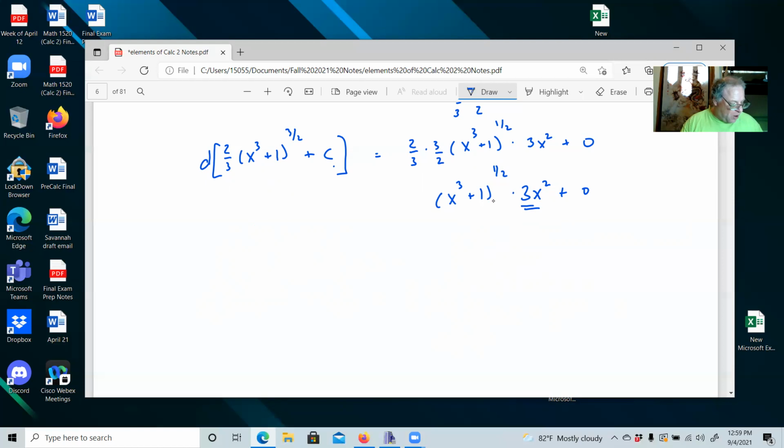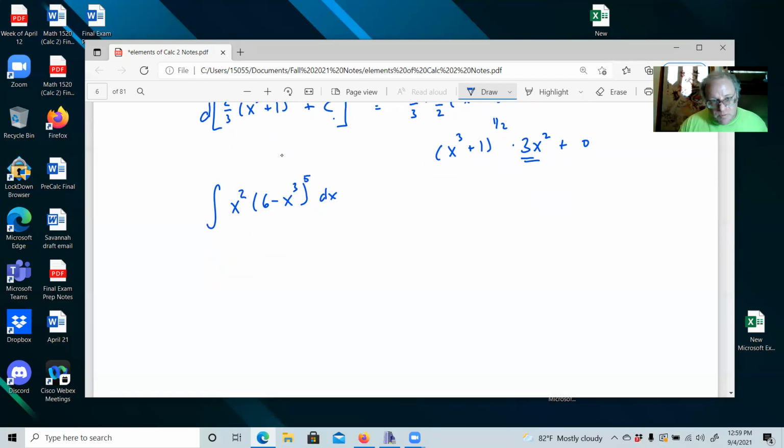Now, let's see here. What if they don't quite match up? What if they don't quite fit? What if I wanted to do just an x squared times (6 minus x cubed) raised to the 5th power dx?